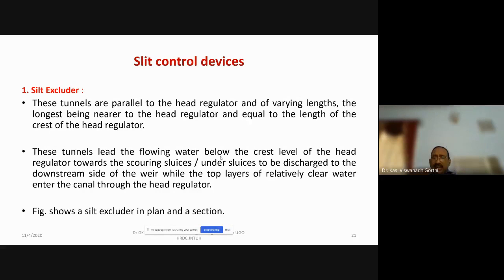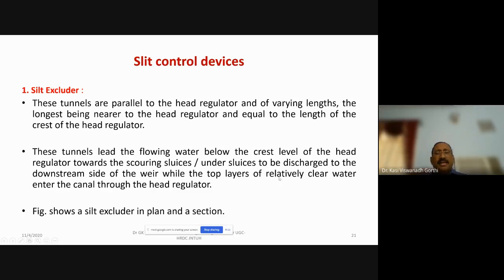The sheet of water which has more and more silt, as we know very well, the silt gets settled below in the river cross section. So as the depth of water in the river increases, more and more clear water will be there towards the top. So there will be two layers of water. One layer of water with more silt concentration, and the top layer with less silt concentration, relatively clear water.